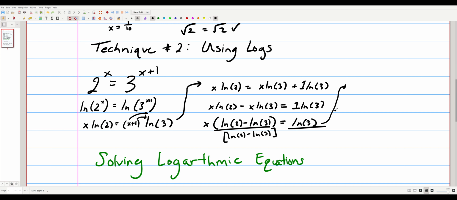And do that on this side too. And we get x, right, because this becomes 1, is equal to the natural log of 3 over the natural log of 2 minus the natural log of 3. Okay? And so now we got x by itself, and there's our solution.